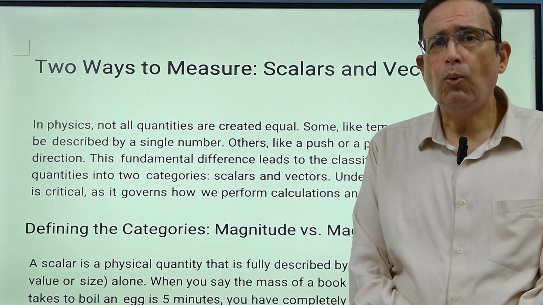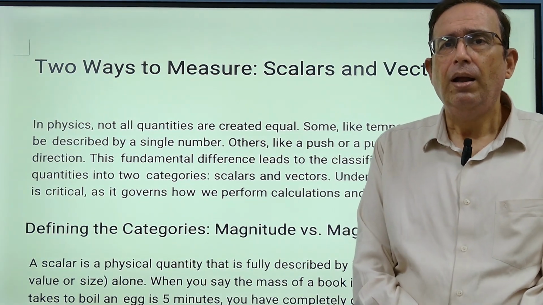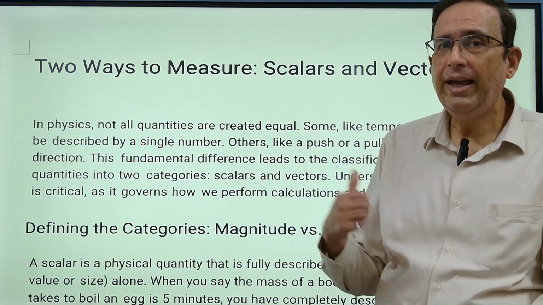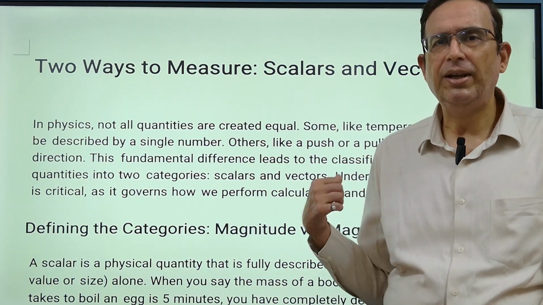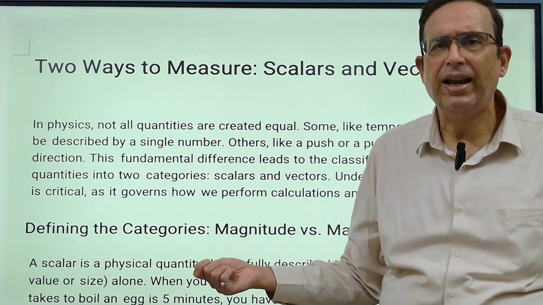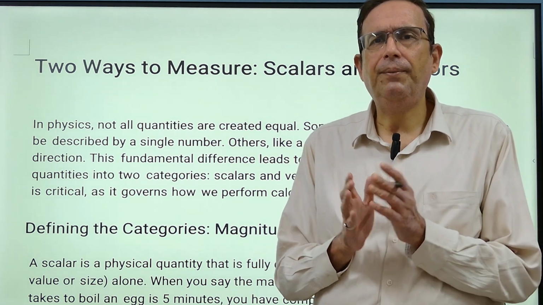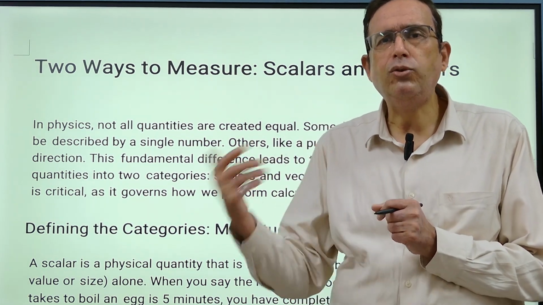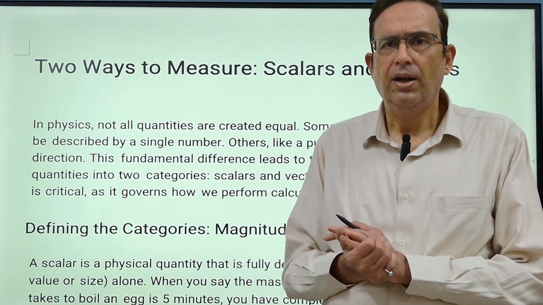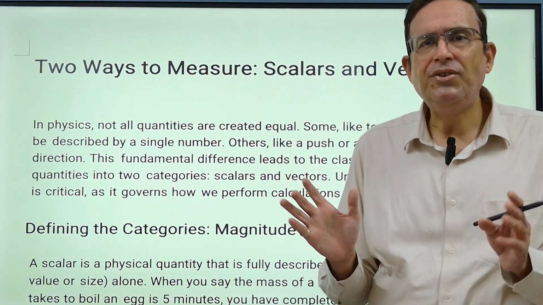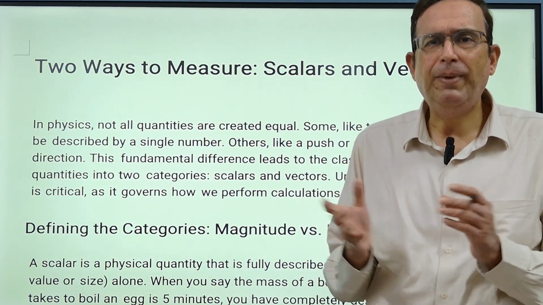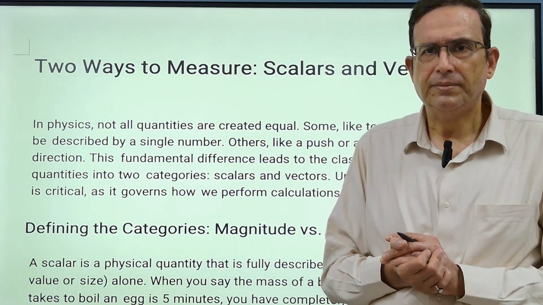Whereas for a vector quantity, let us say for example the position, either it is in the east direction or in the west direction. So in both cases, the position is there, but also there is a sign associated with it. So in one dimension, the position or the displacement becomes a vector quantity.